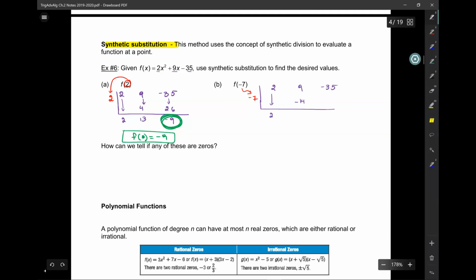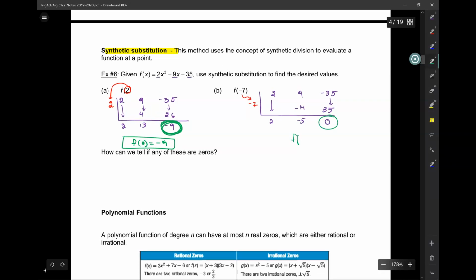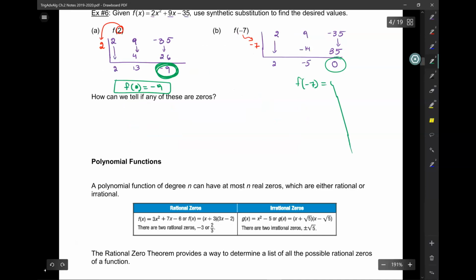I add here, 9 minus 14 is -5. Multiply by the outside number, I get +35. And when I add, I get 0 for the remainder. So, oh my God, f of -7 is equal to 0. Whoa.